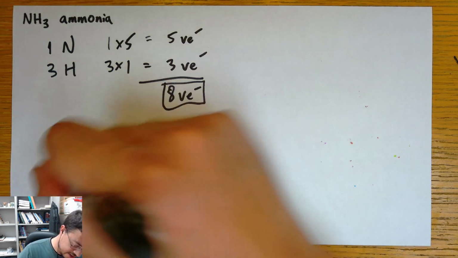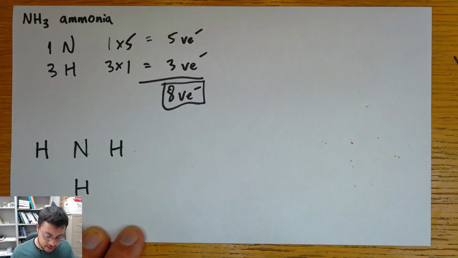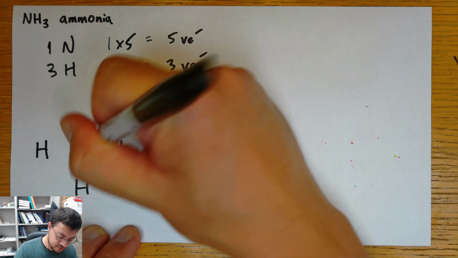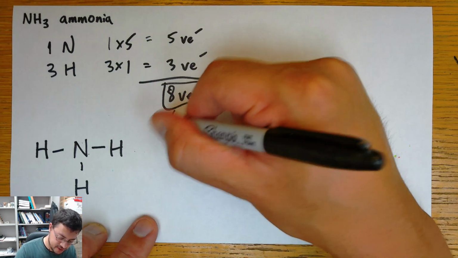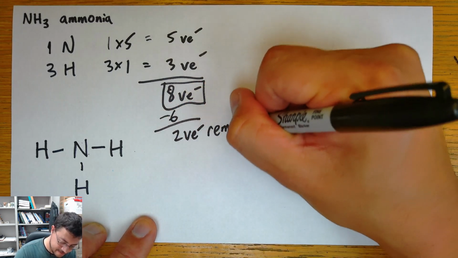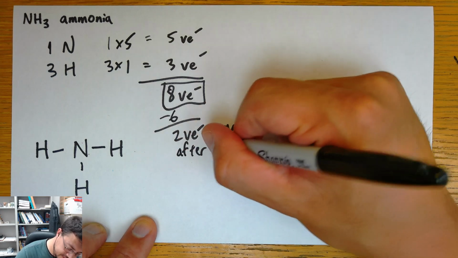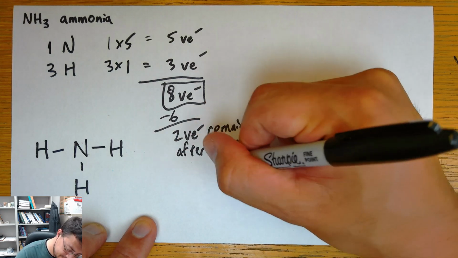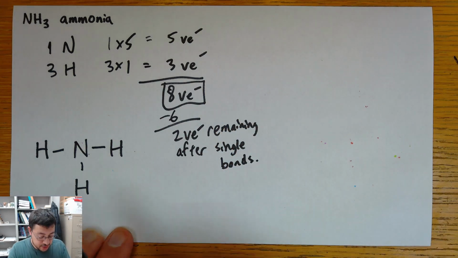Place outer atoms. Connect with bonds. 2, 4, 6 we have spent. We have 2 valence electrons remaining after single bonds. So the hydrogens are instantly done.